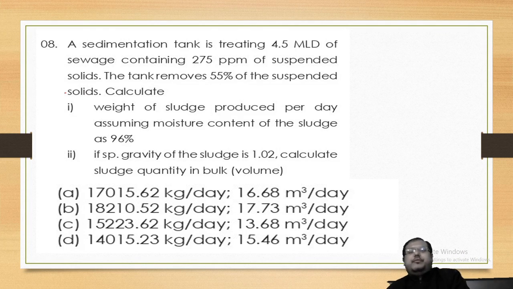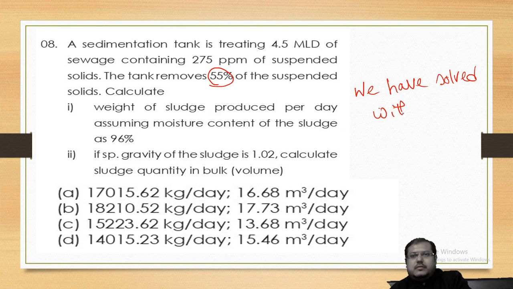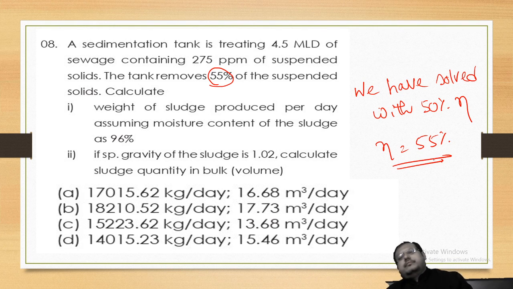The same problem we have already solved in our earlier class, only we solved it with 50%. Here efficiency is 55%. The only difference. Rest is same. We are not again repeating the question. Okay.